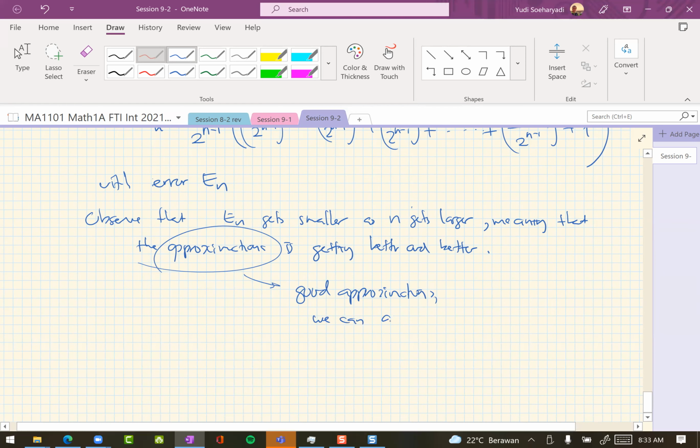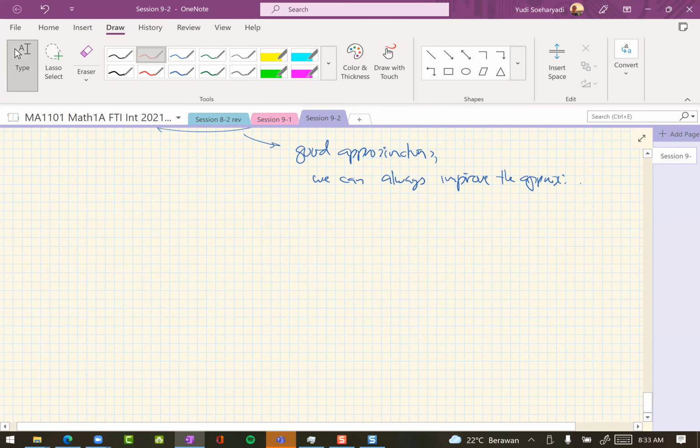We can always improve the approximations. Improve meaning that they make the error smaller, right?